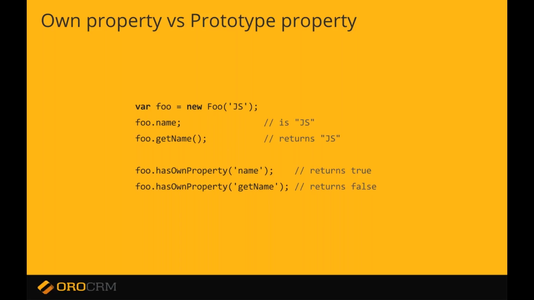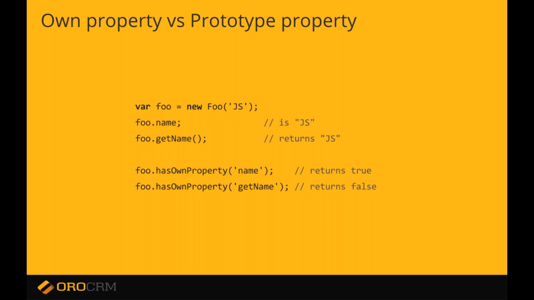And we can check if a property is owned by the instance or if it is inherited from the prototype. There is a method hasOwnProperty, and we can check if the property name is own, and we get true because it is an own property.